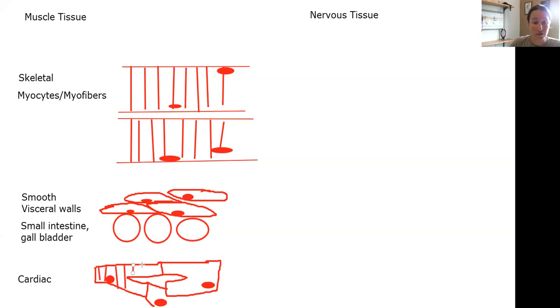They are striated, so they've got these stripes just like the skeletal muscles do. And again, that is just from overlapping protein fibers. Okay, the most defining characteristic are these little jagged cell connections. They are called intercalated discs, right?